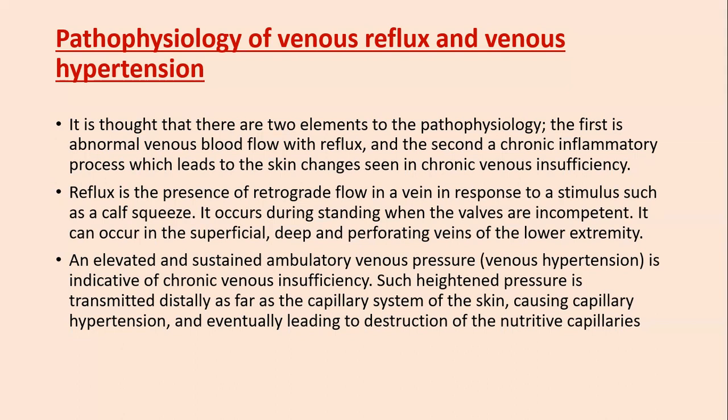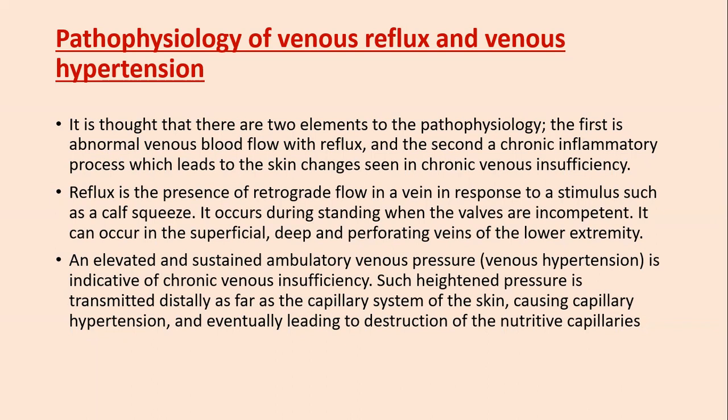So in venous insufficiency, the pathophysiology is divided into two main causes. The first is the abnormal blood flow and reflux of the blood back to the superficial veins. And number two is the chronic inflammatory changes which result in the changes which we see on the skin.